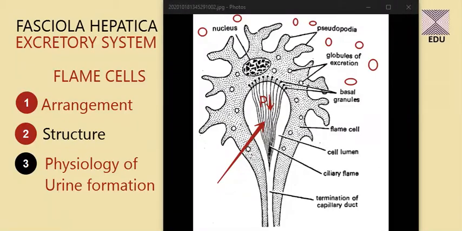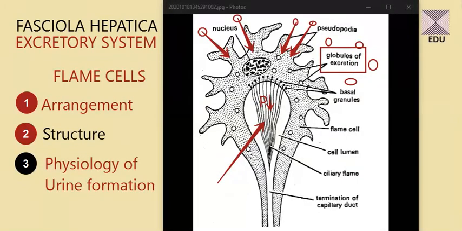Now the excretory products are pulled towards the inside of the flame cell due to this low pressure. As the pressure decreases, the excretory products come inside the body of the flame cell. Here you can see we have written these are the globules of excretion.